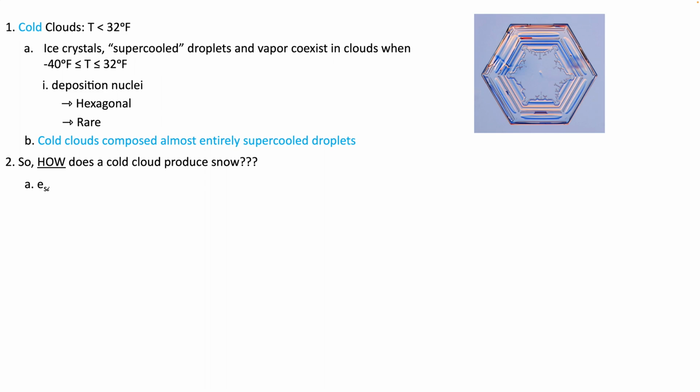E sub SI, the saturation vapor pressure of air around ice, basically tells us the maximum amount of vapor that can exist around an ice crystal at a given temperature. When we have equilibrium around an ice crystal, the rates of sublimation and deposition are equal around that ice crystal. In other words, the rate of molecules going from the solid to the vapor phase is equal to the rate of molecules going from the vapor phase back to the solid phase.